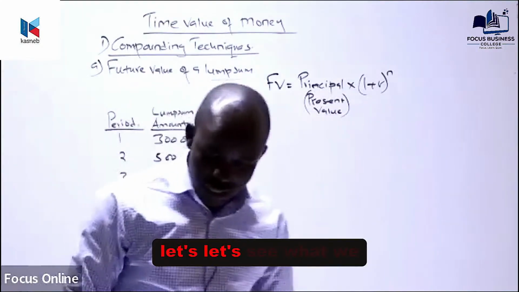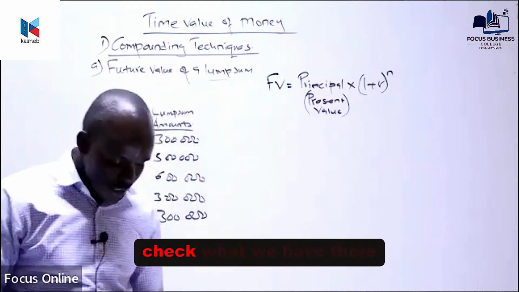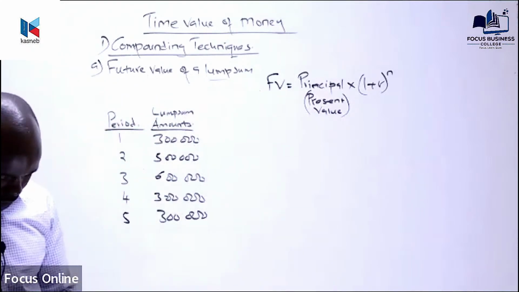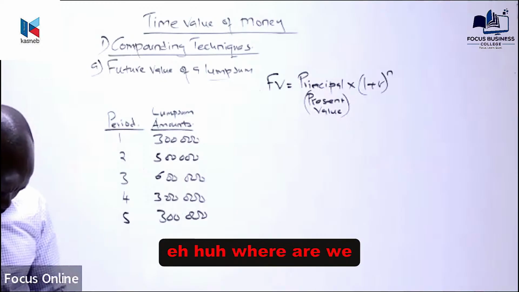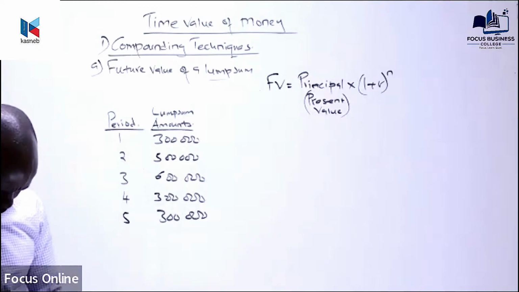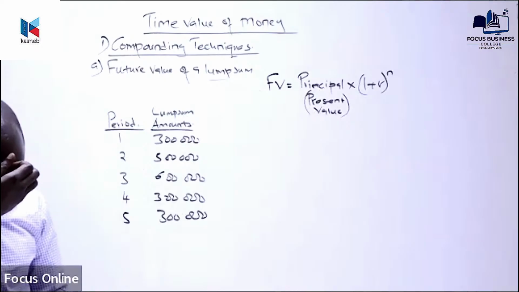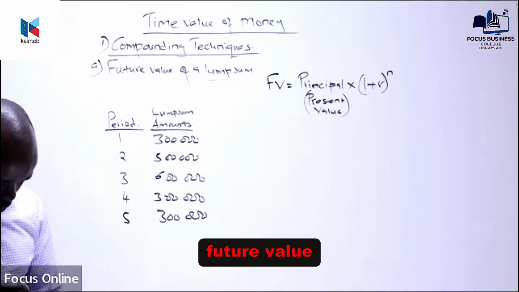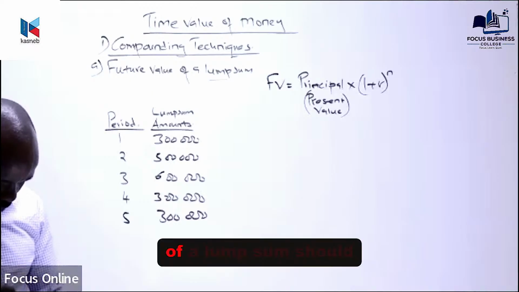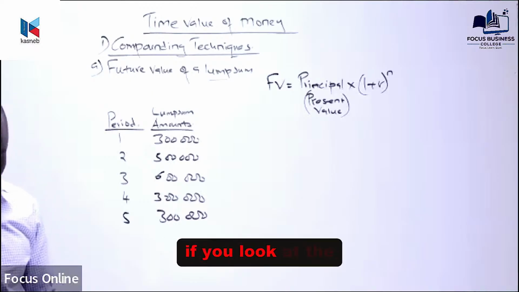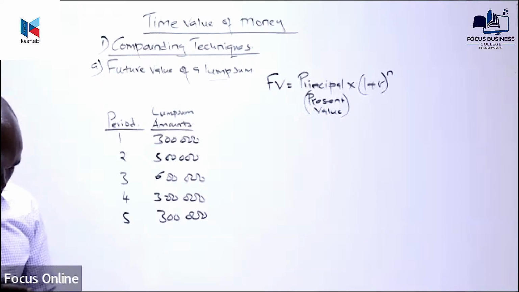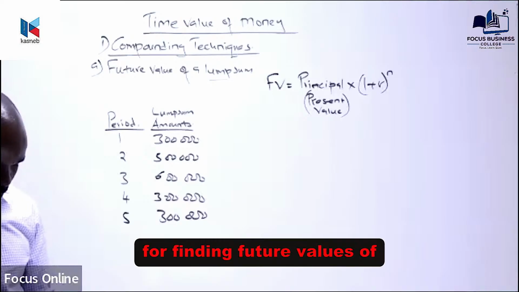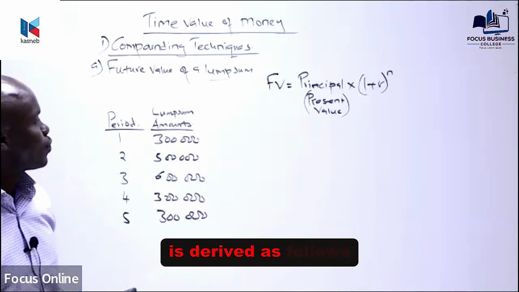Let's see what we have in the handout. If you look at the handout, you'll see the equation for finding future values of a single amount is derived as follows.